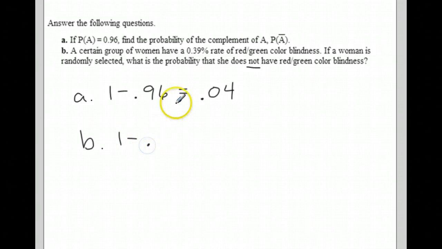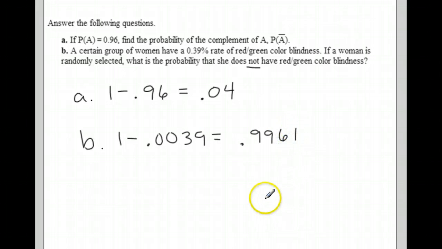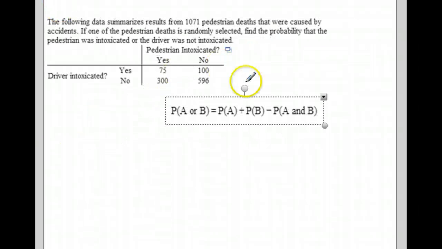If I write that as a decimal, because it's a percent and we change to a decimal to do math, we get 0.9961, the probability that they don't have red-green color blindness. So 1 minus the probability of A is the probability of not A, or the complement of A.